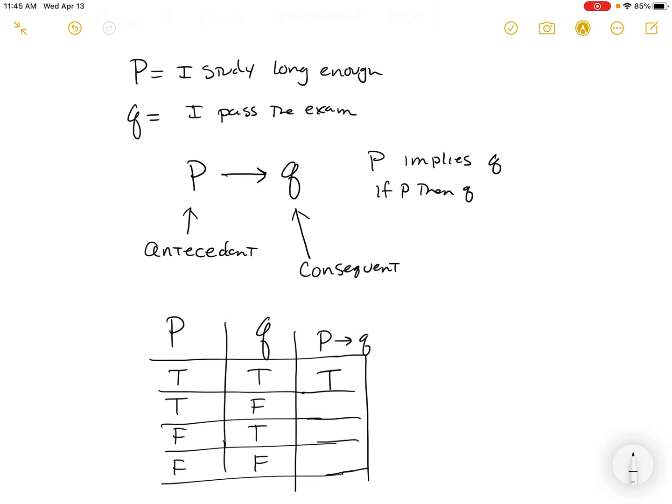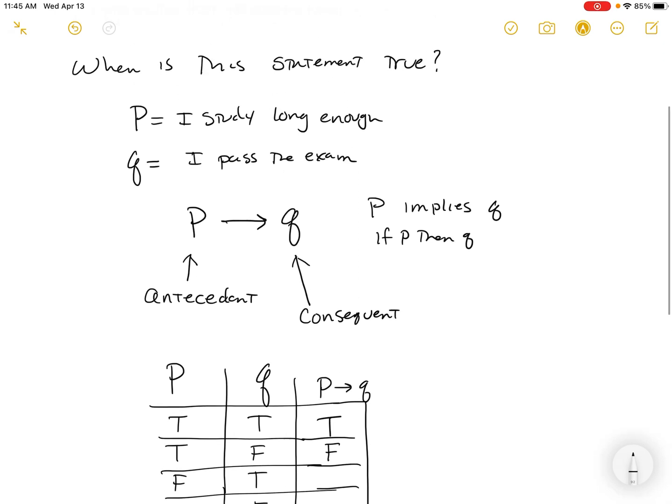This is the straight out statement. If I study long enough, I pass the exam. P being true here is I studied long enough. Q is false, so I did not pass the exam. And so therefore, my implication statement is false because the antecedent was true. I did study long enough, but I didn't end up passing the class. That's a false statement now.